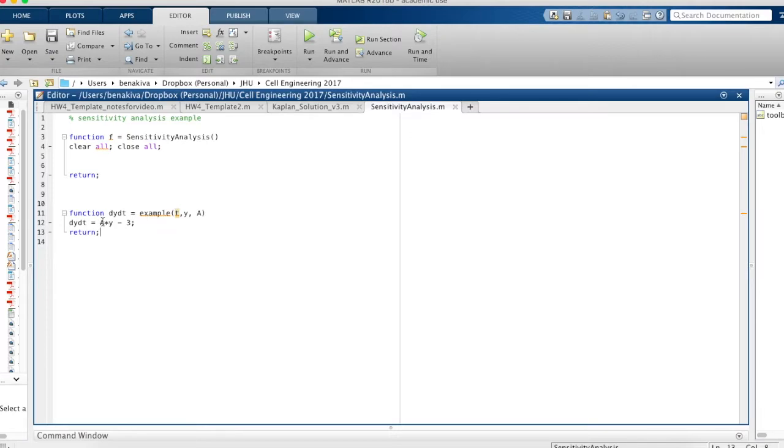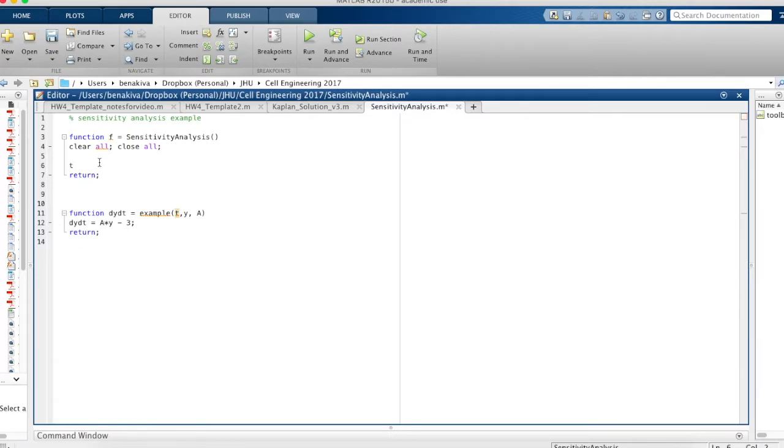The only parameter that we have here is a, which is some constant. So what we're going to do up here in this function is vary a, and then look at what the final values of y are for all the different values of a. So how does changing a change the final value of y?